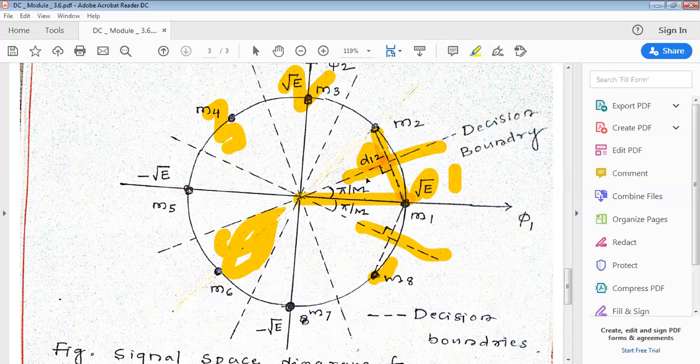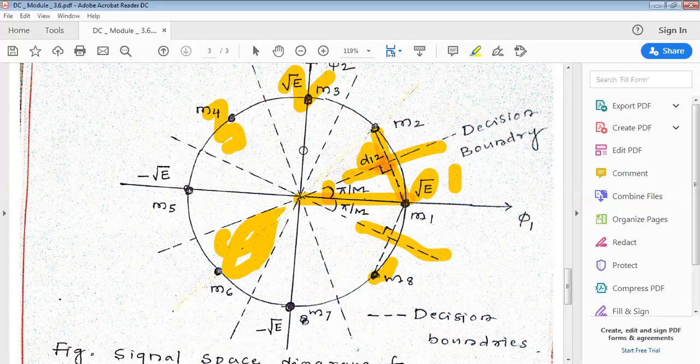Let us join the origin to this midpoint of the Euclidean distance, right? Here there is a 90-degree angle, and the angle between this horizontal line and this decision boundary is pi by M, right?